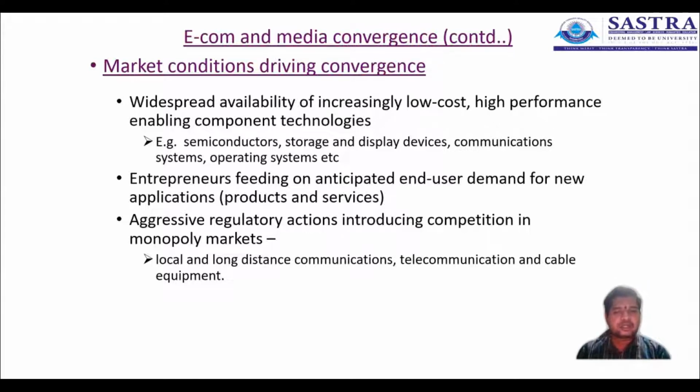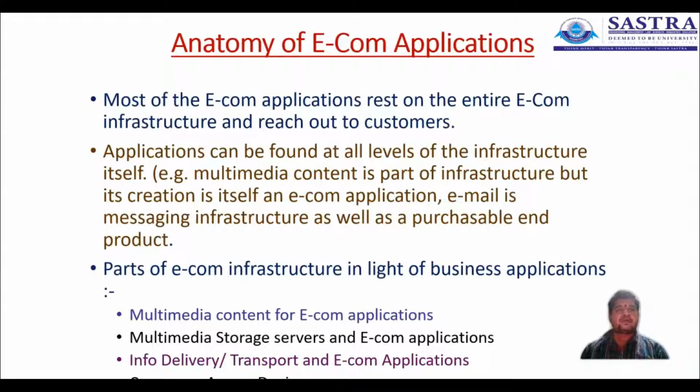So local and long distance communications and telecommunications and cable equipment are needed to transfer our data from one end to the other end. So before entering into the anatomy of e-com applications, we have now seen what are the modes we can publish, or we can sell, or we can inform people that we are having some product to sell in the open market.